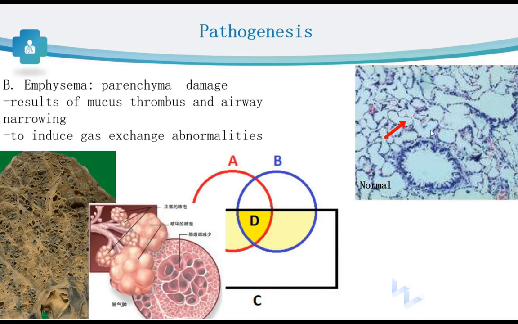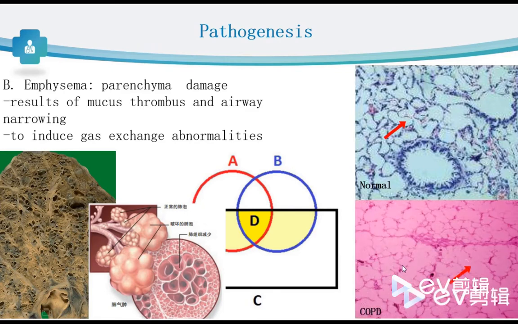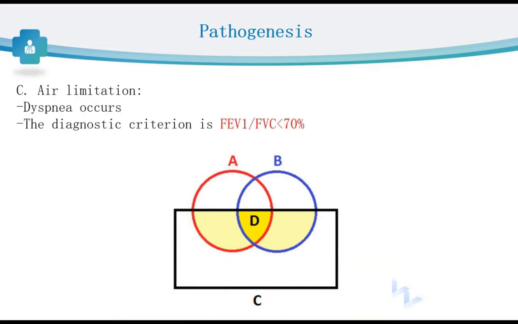This picture shows the integrated alveoli in the normal lung. But in COPD, we can find lots of alveoli are damaged here. And this damage of alveoli will finally cause emphysema, which will induce gas exchange abnormalities and airway limitation.